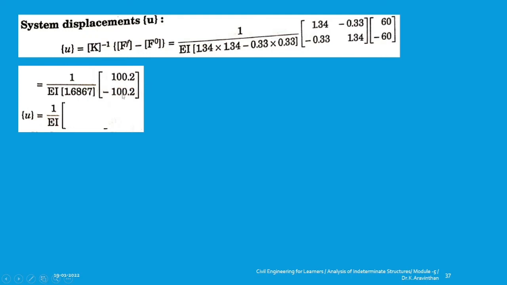These are the two values and you can find the system displacement. If you divide this 100.2 divided by 1.687, you will be getting 59.406.